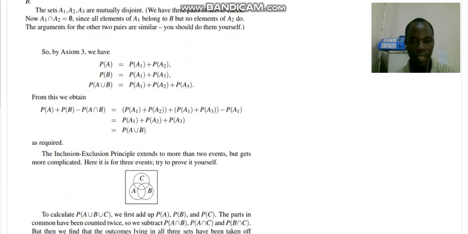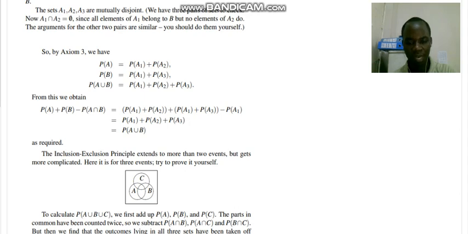So then the probability of A union B is equal to the probability of A1 plus the probability of A2 plus the probability of A3. From this we obtain the probability of A plus the probability of B minus the probability of A intersection B, which is equal to the probability of A1 plus the probability of A2, plus the probability of A1 plus the probability of A3, minus the probability of A1.